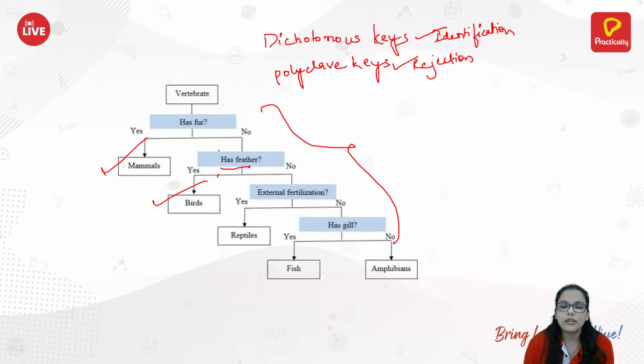No, then external fertilization, as in it lays eggs, then it's a reptile. No, does it have a gill? Yes, then it's a fish or an amphibian. So what the scientists do is they ask different questions, you answer these questions and you can find your new organism.